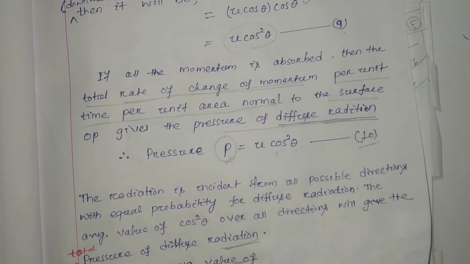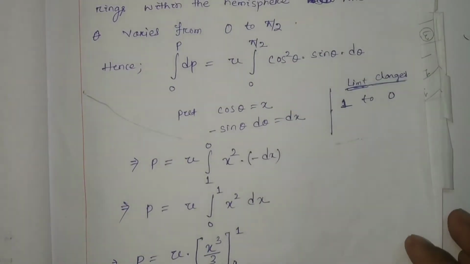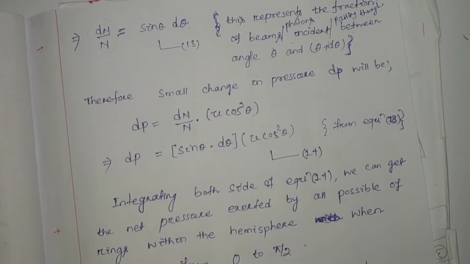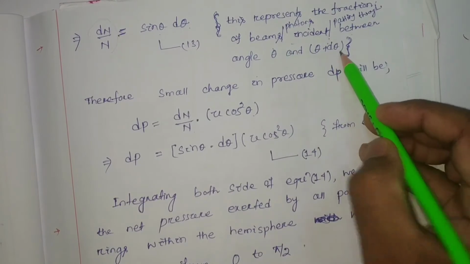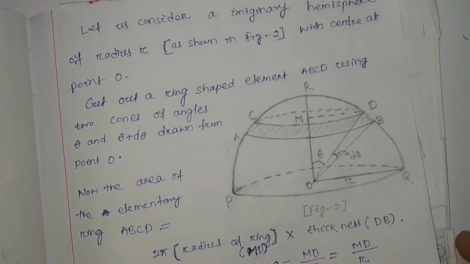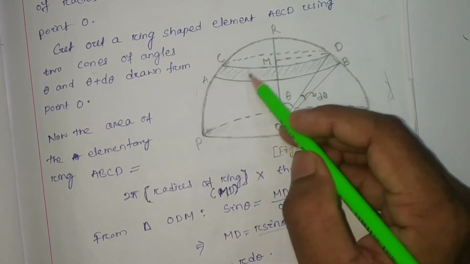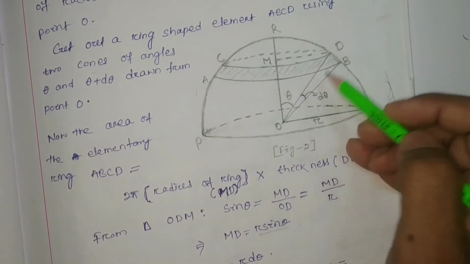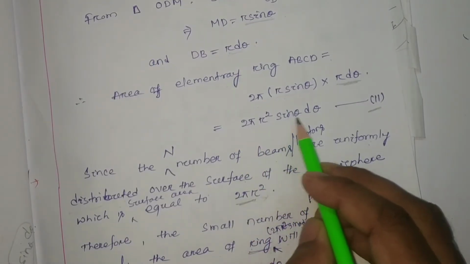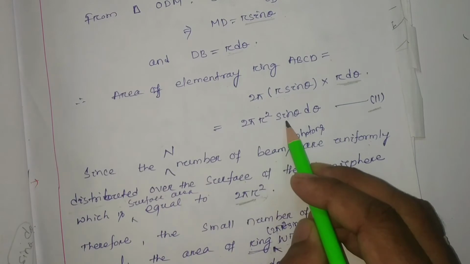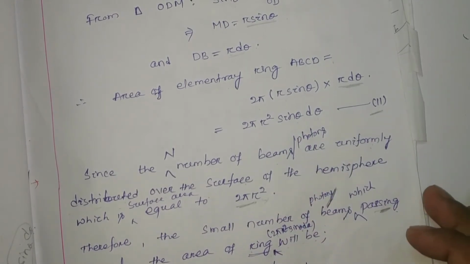Now through the surface area in between theta and theta plus d theta, or through the surface area of the ring, having the area 2 pi r square sine theta d theta, how many photons pass through?